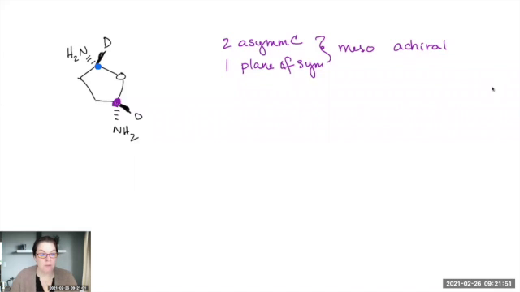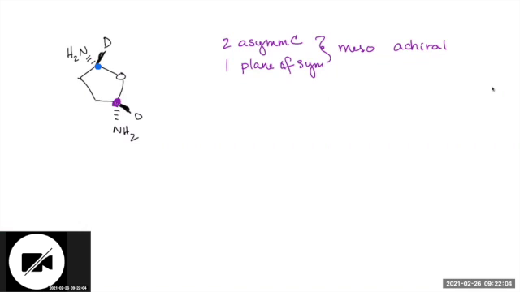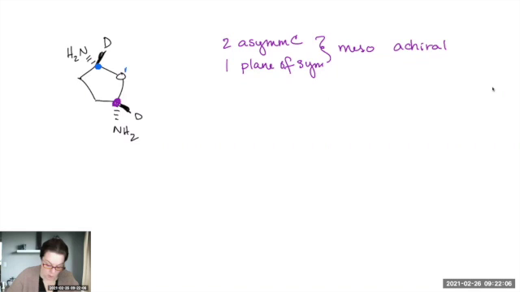So now I'm just looking for the heaviest atom. So oxygen, nitrogen, carbon, deuterium. What's the heaviest one? Oxygen, right? Oxygen gets 1, followed by nitrogen, followed by carbon, and lastly deuterium. Good? All right, so I'm going to write that off to the side here.